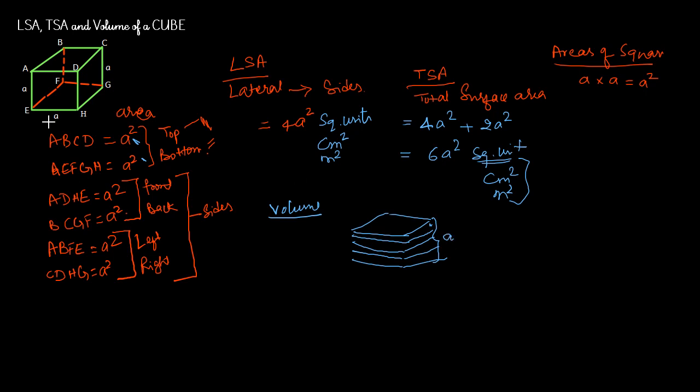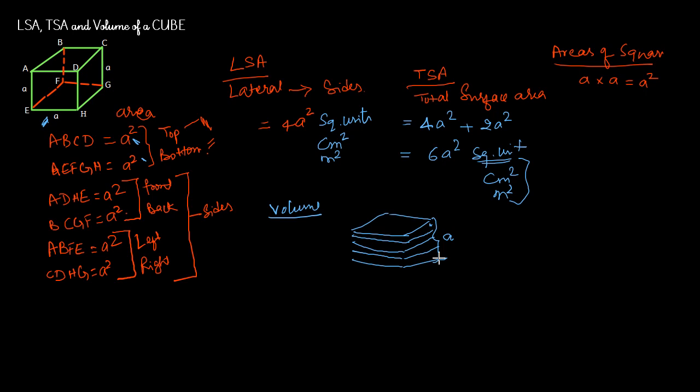We have taken the length as a, so we'll take this as a itself. That's the length, because it's a cube. All edges are going to have the same length, and all faces are going to be squares.